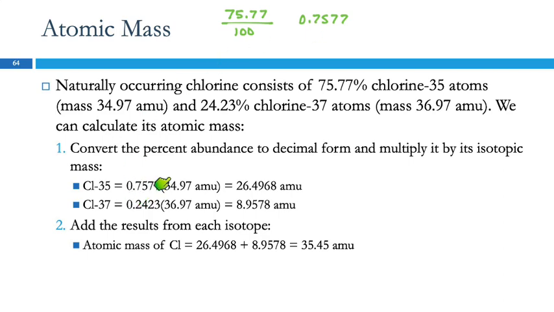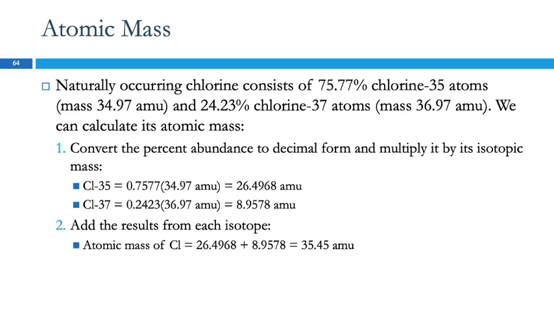And we're going to multiply that by the isotope mass that has that abundance. So 75.77% chlorine 35, 0.7577 times the mass of that isotope, and that gives us a number. And chlorine 37, 0.2423, because it's 24.23% times its mass, gives us a number. And then we add those together, and that gives us our average atomic mass. And it doesn't take someone's lifetime to do.